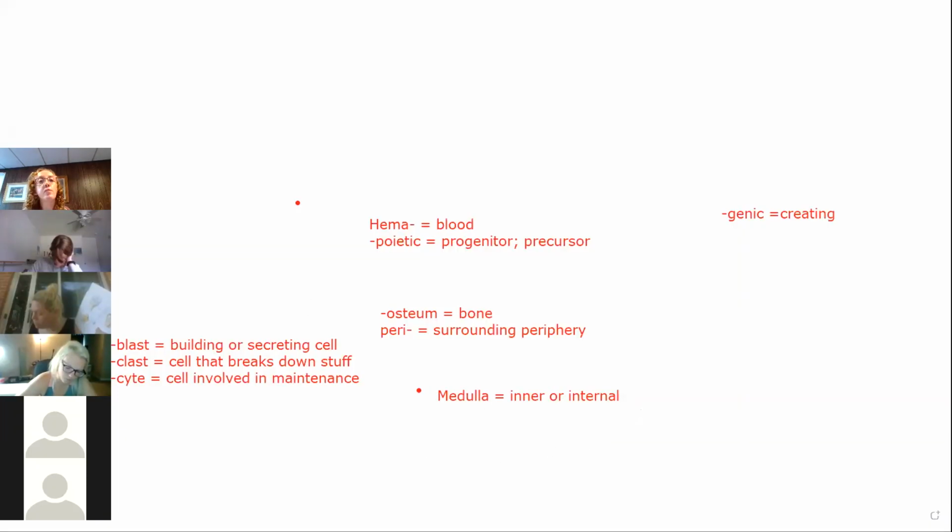Mesenchyme is the embryonic, undifferentiated connective tissue.